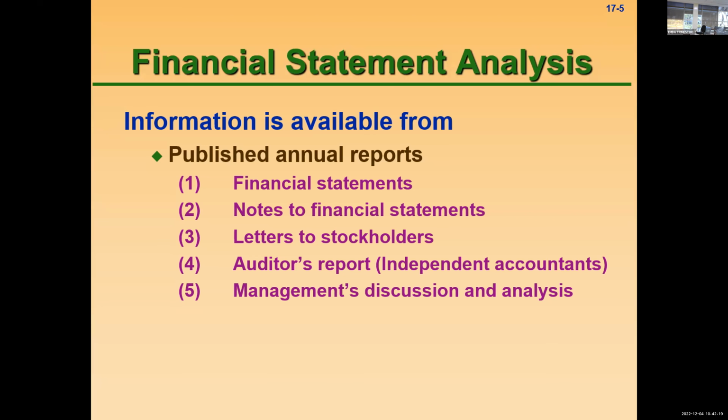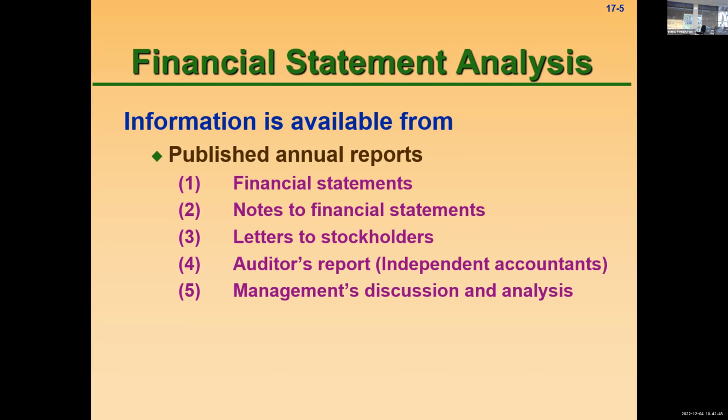Out of that, 6 crore was credit sales and 5 crore was cash sales. All this information may not be in the income statement. If you want the breakup and details of the sales, you will go to the notes to financial statements.